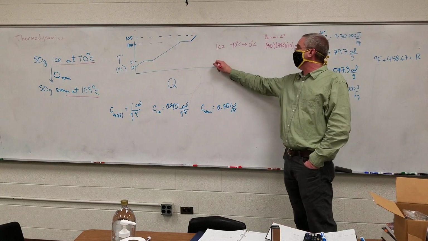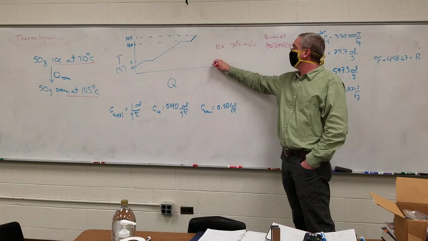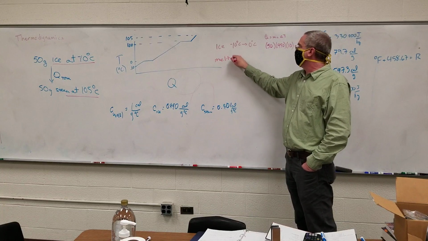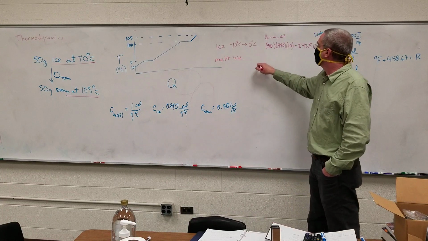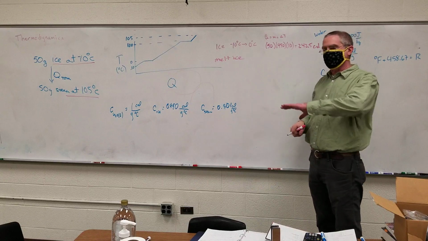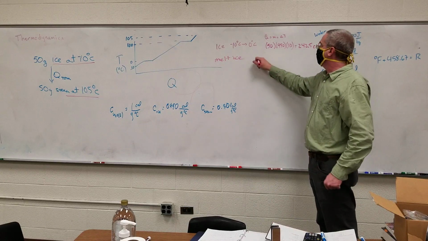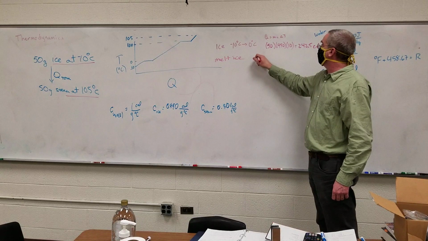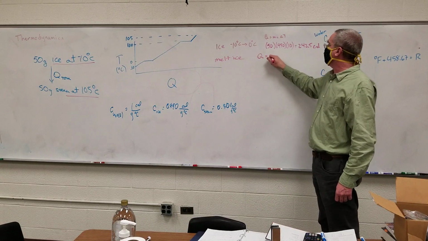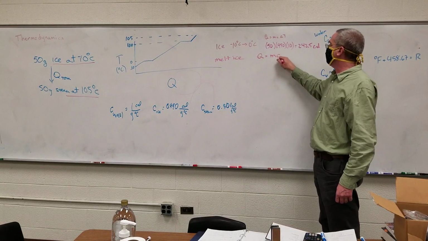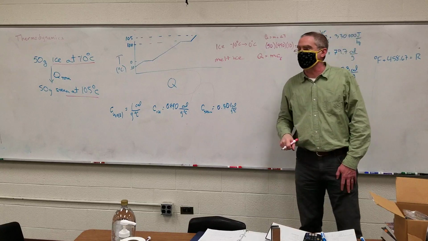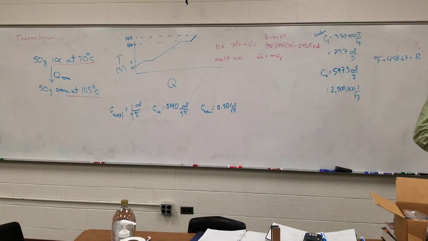So now we have to melt it. We melt the ice. No temperature change. So Q is going to be equal to the mass times the heat of fusion, since that's the one that deals with that process.